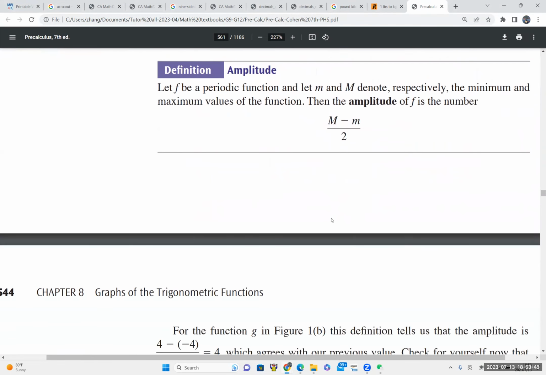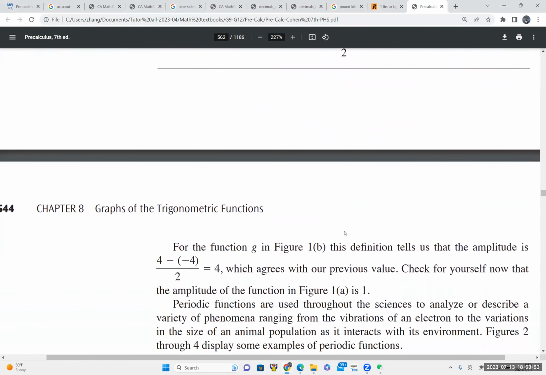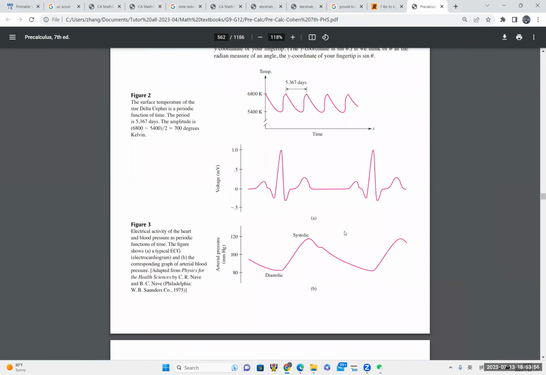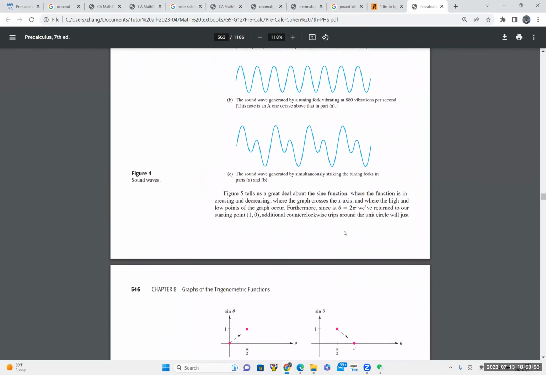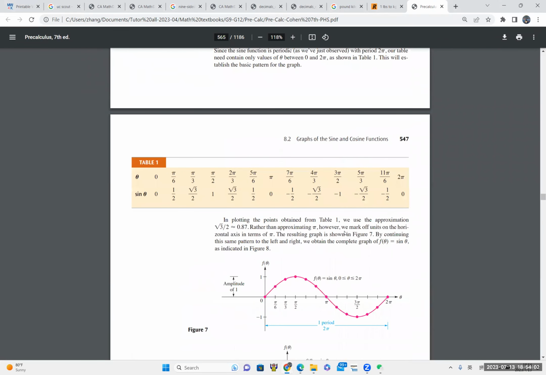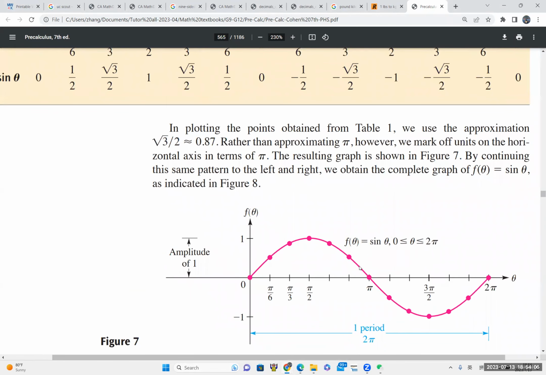Amplitude: maximum minus minimum divided by 2. Then with more points, the graph is more accurate, right?